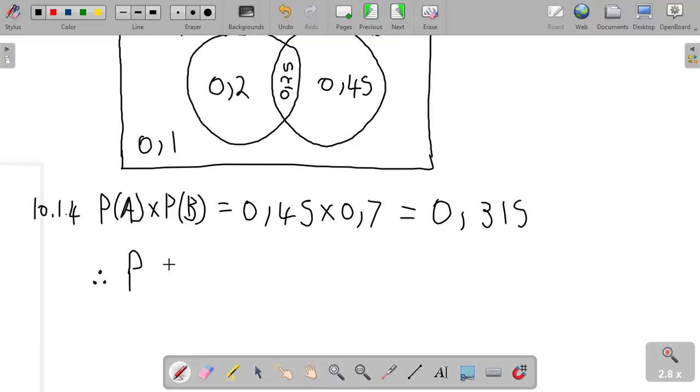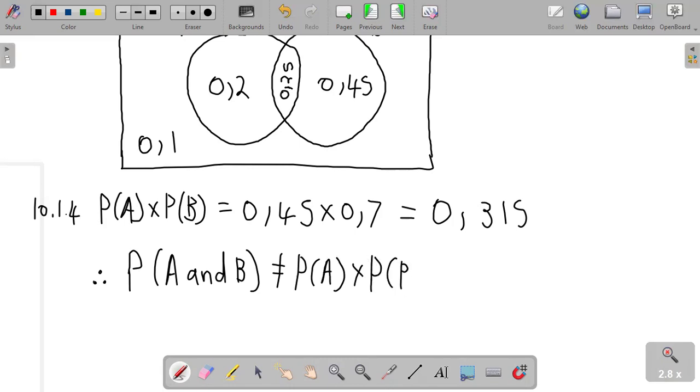the probability of A and B is not equal to the probability of A multiplied by the probability of B. So this means what?